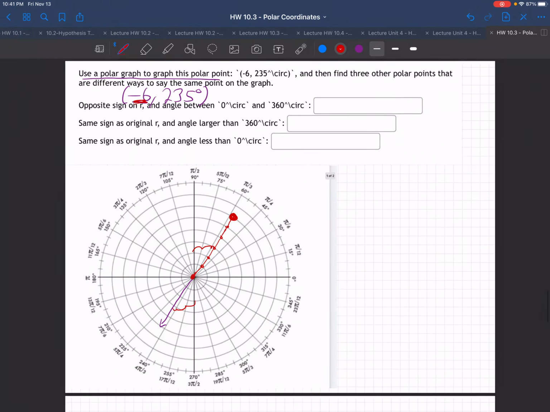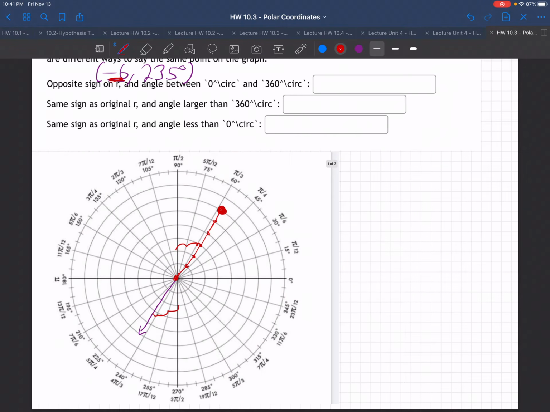That's going to be our original point, -6, comma 235. Because we faced the 235 degree angle, right about there, but then we backfired 6. So there we go. Okay, now that's the dot.